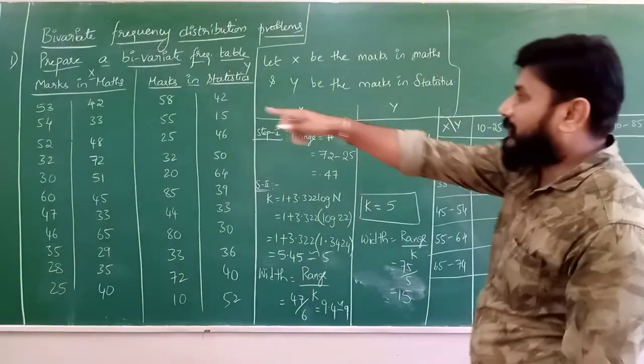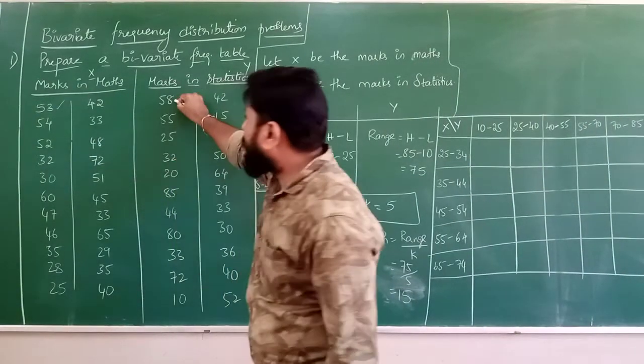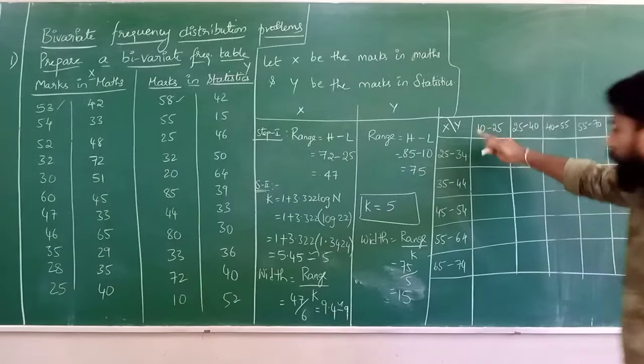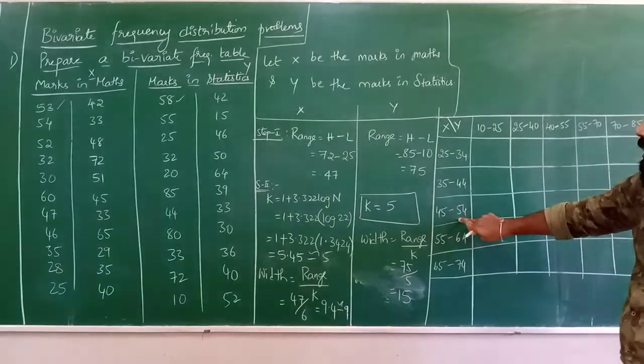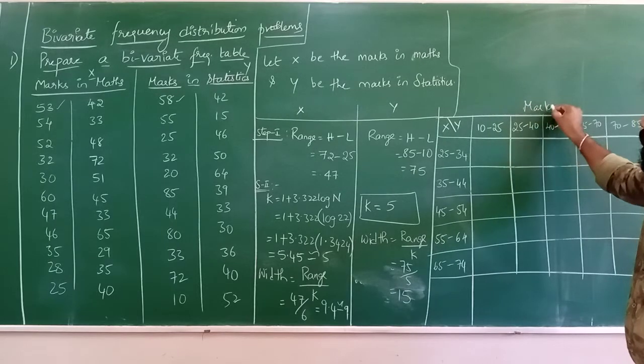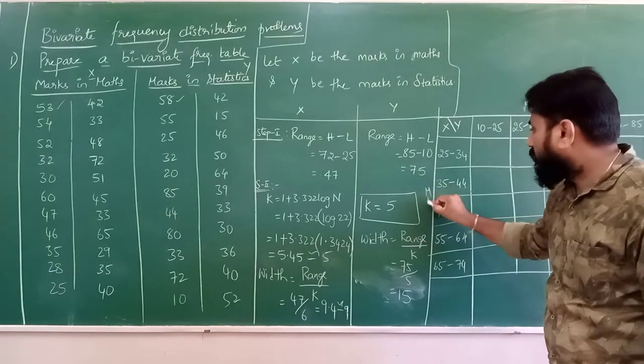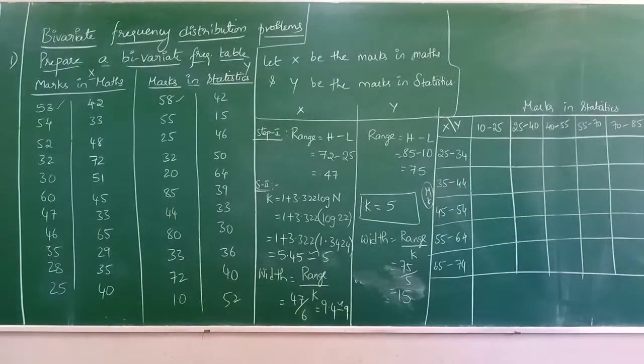Now one by one, check the tally. 53 marks in maths, 58 marks in stats. So 53 lies here, and marks in statistics 58. These are marks in statistics, these are marks in maths.